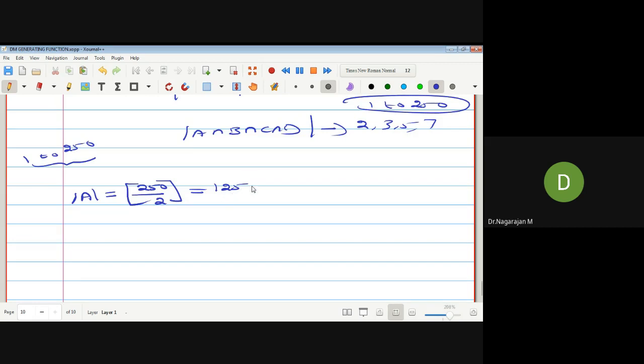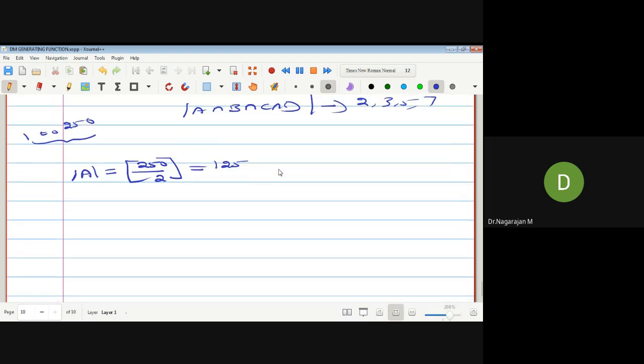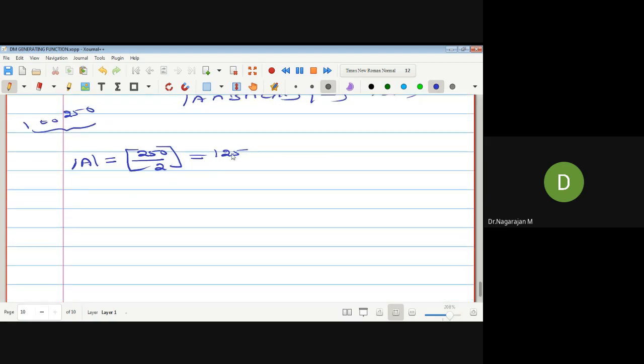Suppose 125.7, eliminate the decimal point and write only the integer part. Therefore 125, not 126. Directly eliminating the decimal part is called the greatest integer. This notation is called the greatest integer.